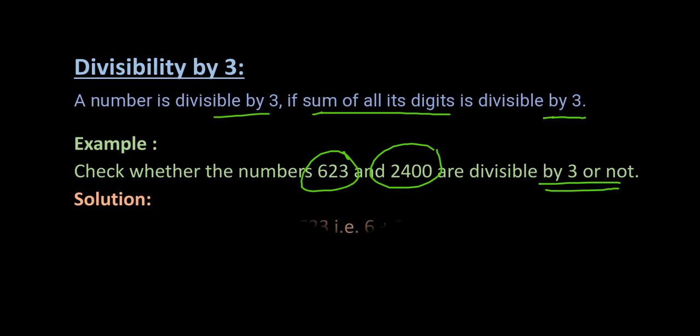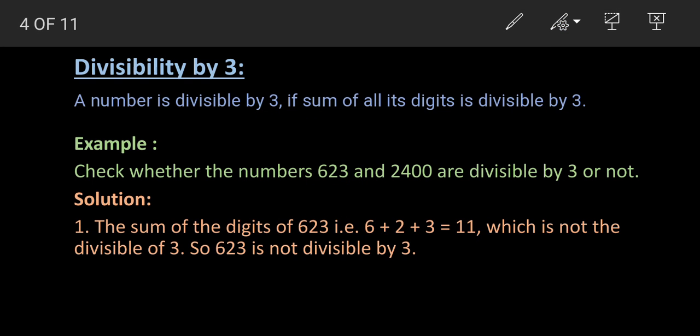Here is the solution. We have to check whether the number is divisible by 3 or not. For that, first we have to find the sum of all its digits. The sum of the digits of 623 is 6 plus 2 plus 3, that is 6 plus 2 is 8, 8 plus 3 is 11, which is not divisible by 3, as 11 is not in the table of 3.